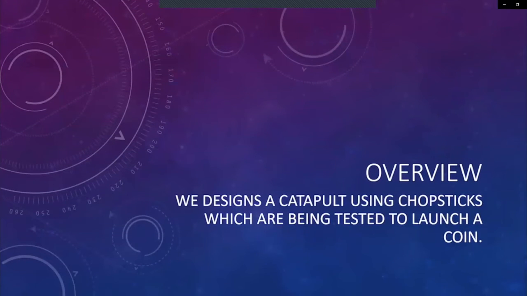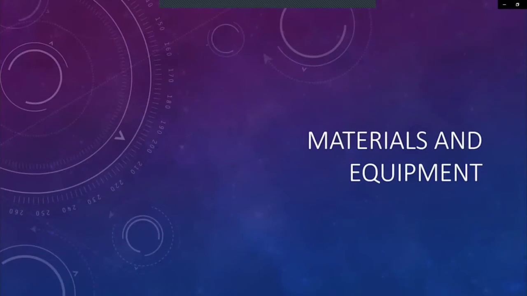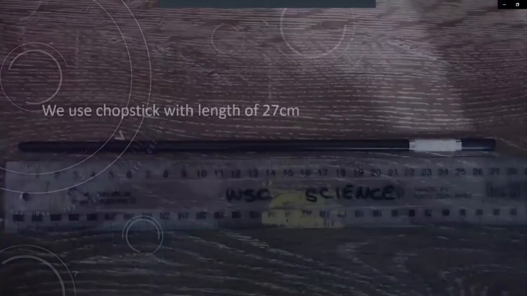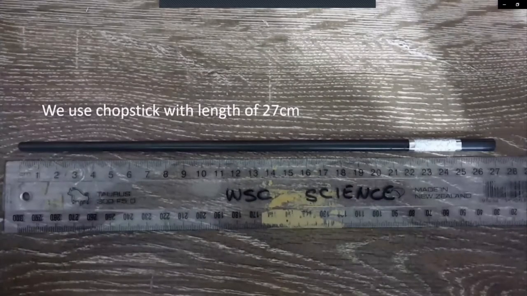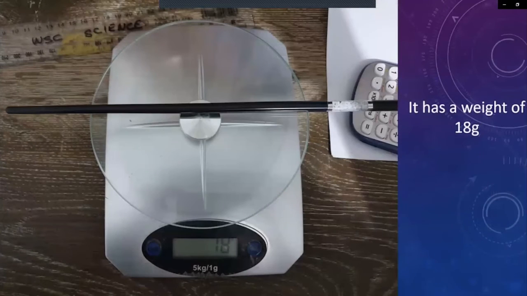For our experiment, we wanted to design a catapult using chopsticks, which would be used to launch a coin. Here are some materials and equipment we used. We used a chopstick, which was 27 centimeters in length and weighed 18 grams.